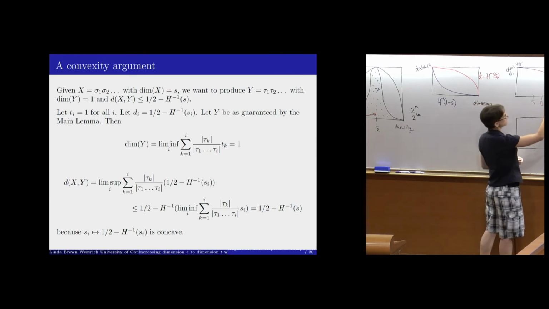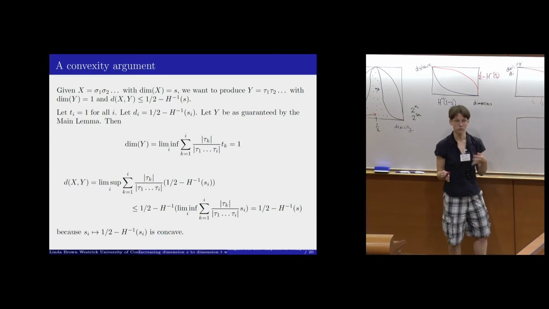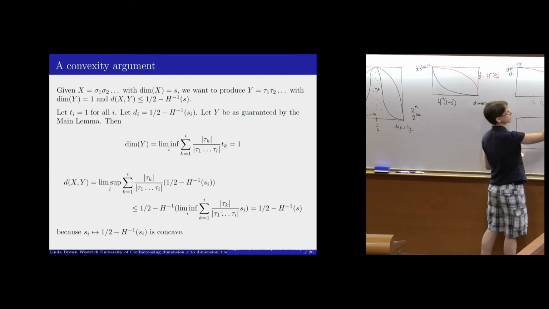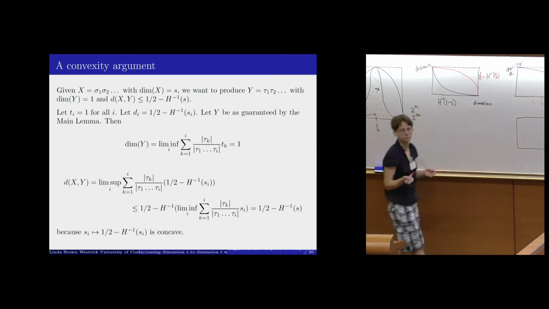Now, X has effective dimension S, so it's not a limit, it's just a lim inf. So infinitely often, the running averages may end up over here. But that's also okay, because they're still going to be lying below this function, and this function is decreasing. So we'll still be within the required density, even at the points in time when the momentary dimension of X has risen above S, as it may do infinitely many times.